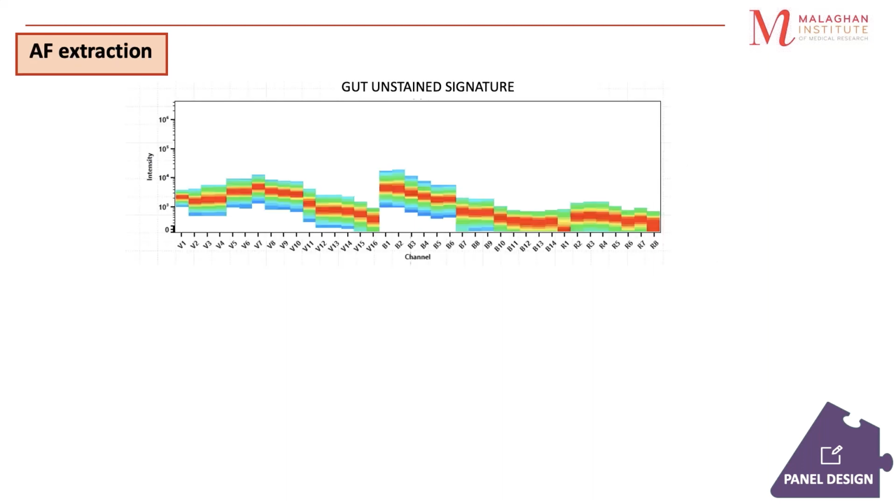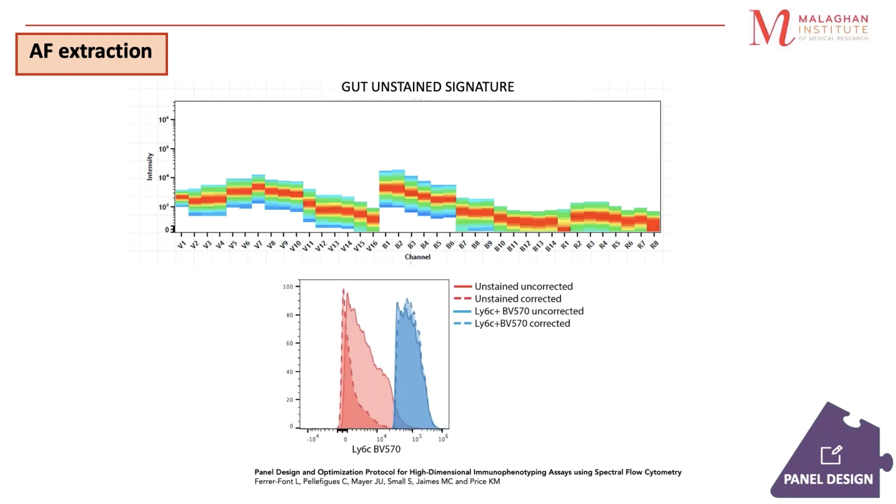How to deal with autofluorescence is something that has to be considered. In very highly autofluorescent tissues, it is even recommended to first run your unstained sample and afterwards design your panel considering this autofluorescence signature. To optimize our panel, we tested how the autofluorescence extraction affected our panel. And we found an increase of resolution of some of our markers.